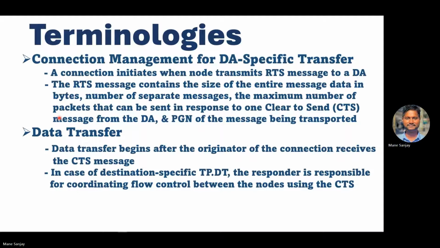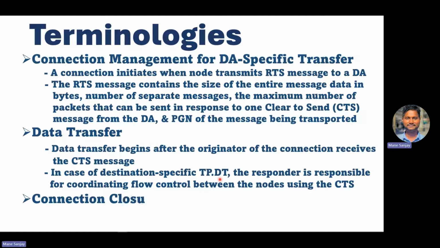When will it start transmitting data? When it receives this CTS message from the receiver. Once the CTS is received, the originator starts transferring the actual data in the TP.DT. The first byte is a sequence number, and the second and third bytes, up to the seventh, are actual data.